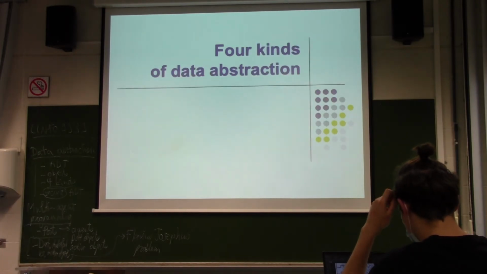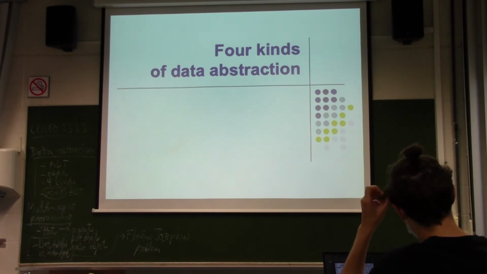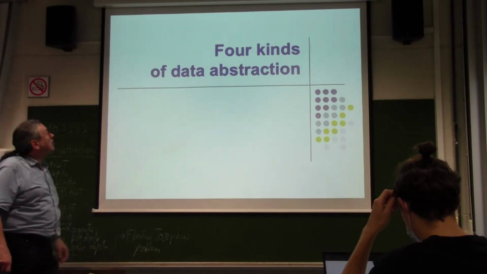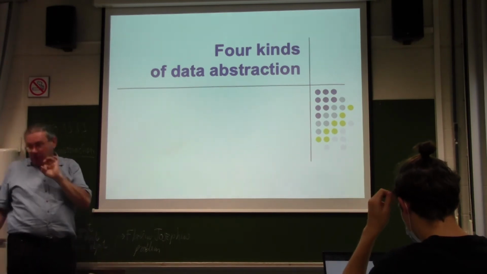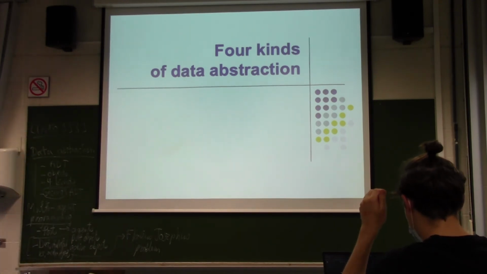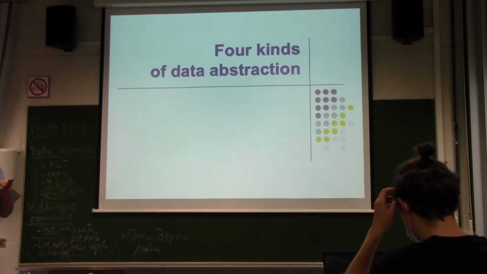Okay, now I want to say a few words on the fact that there's 4 kinds of data abstraction, and I want to show you especially functional objects. They're a very special kind of object, and they start to be very useful in cloud analytics.